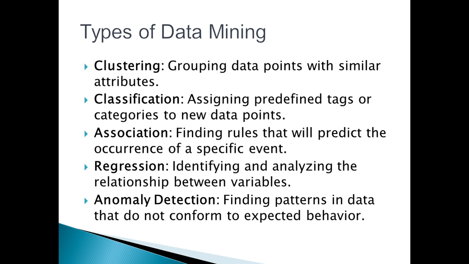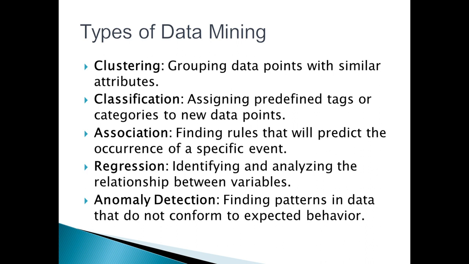So anomaly detection basically identifies patterns that deviate from expected behavior. Think of it as spotting outliers in data that might signify fraud, defects or abnormal events.